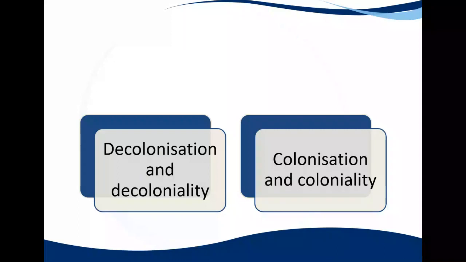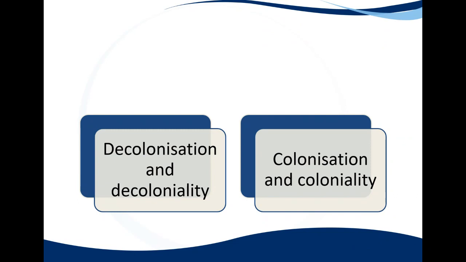And then this takes us back to the idea or the moment of conquest, the moment of colonization, and what colonialists intended to do or they were hoping to achieve by conquering other nations.